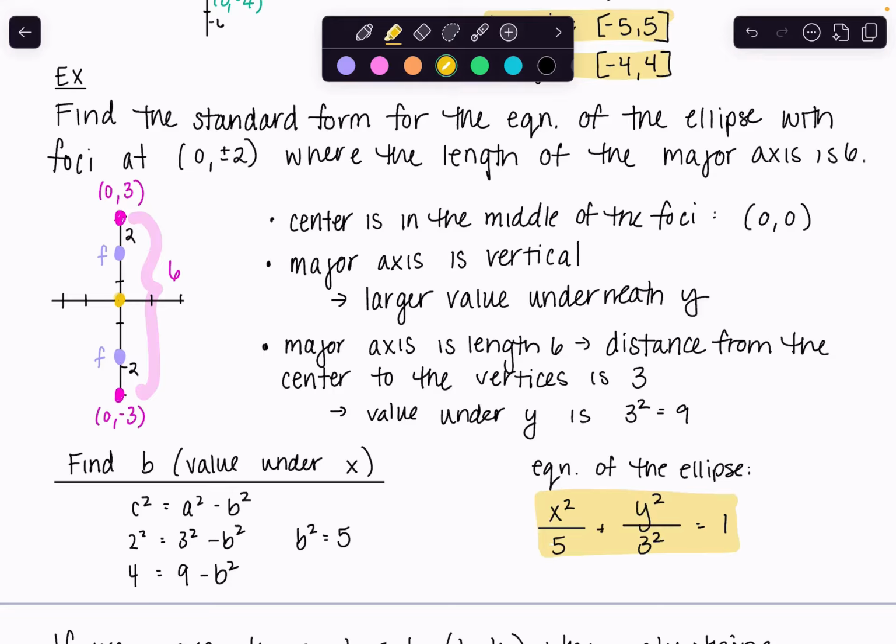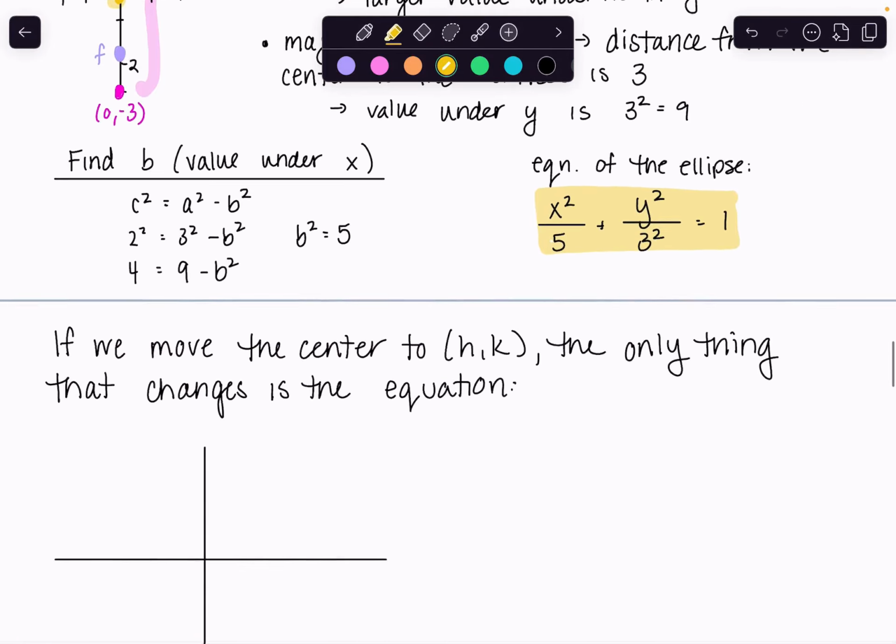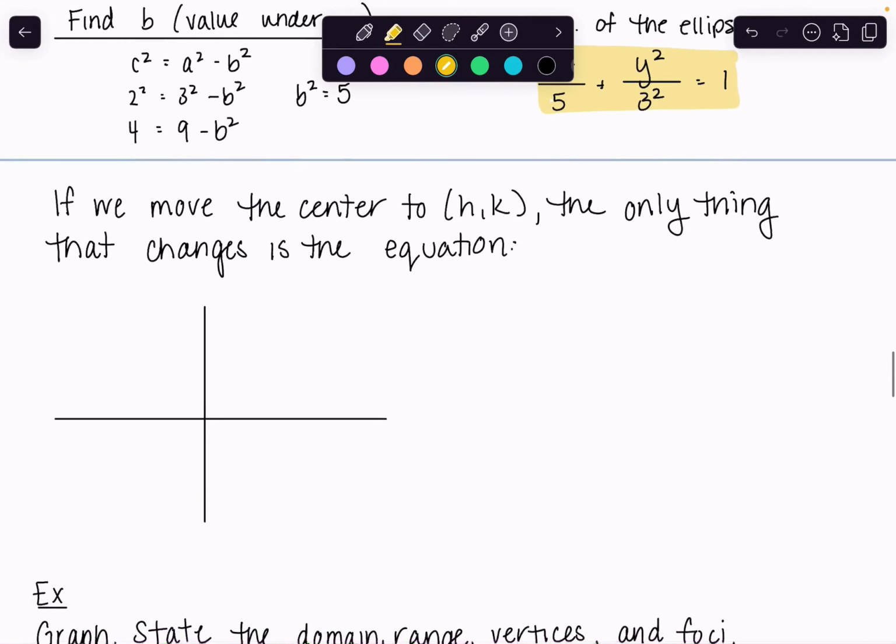So instead of having our center at 0, 0, what if we move it to a different point, like the center of a circle? So the only thing that ends up changing is going to be the equation. So if we move the center to (h, k), it's just going to change that.